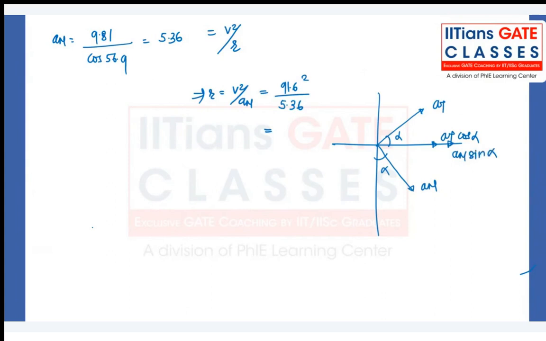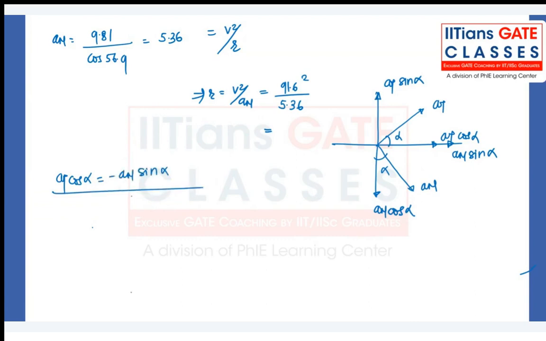Okay, and the two components vertically: it is at sine of alpha, and here, sorry, an cos of alpha. Yeah, I think this is right. What you can do is make one relationship here: at cos of alpha is equal to minus an sine of alpha.